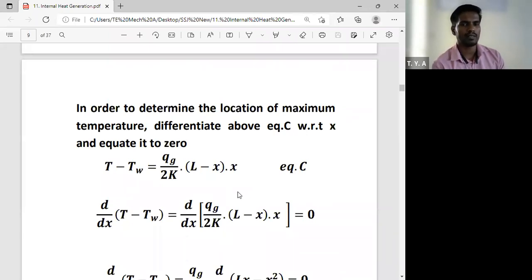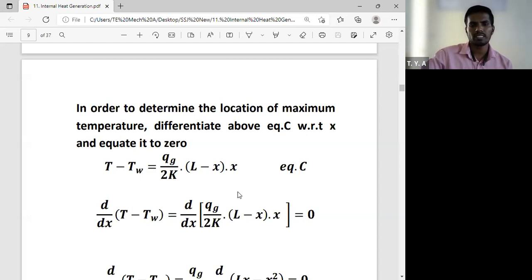Okay, so do that. In order to determine the location of maximum temperature, differentiate above equation C with respect to x and equate it to 0.